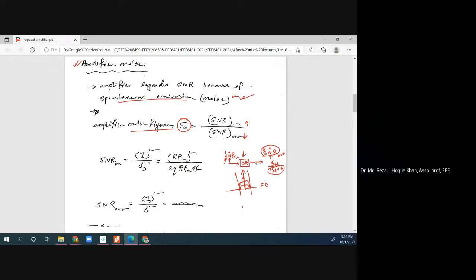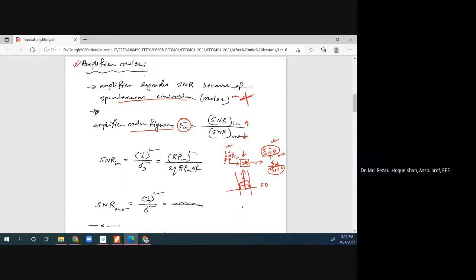Imagine in ideal cases, input and output are similar, when no noise is added in the amplifier. The ideal value is 1; otherwise the noise figure will be higher than 1.